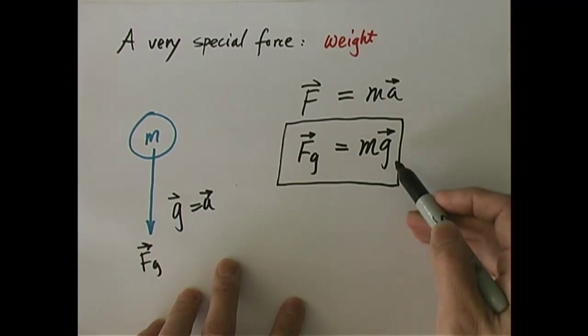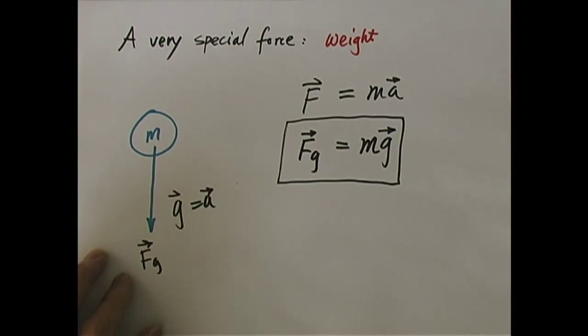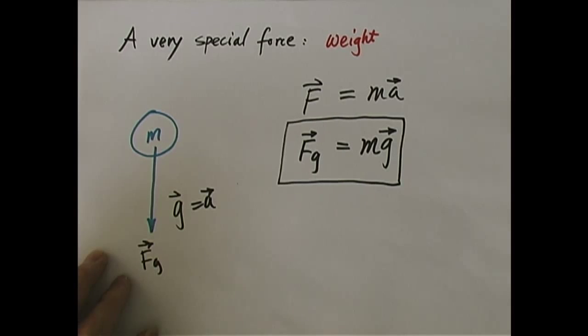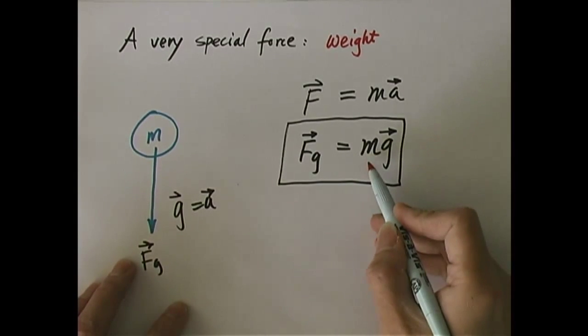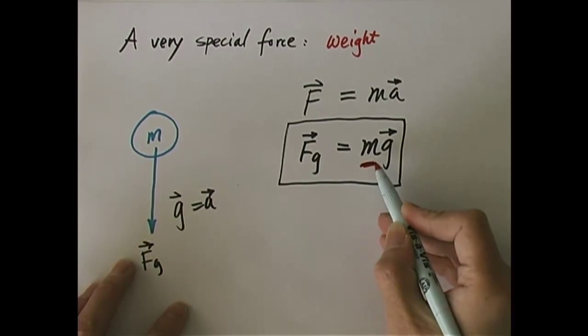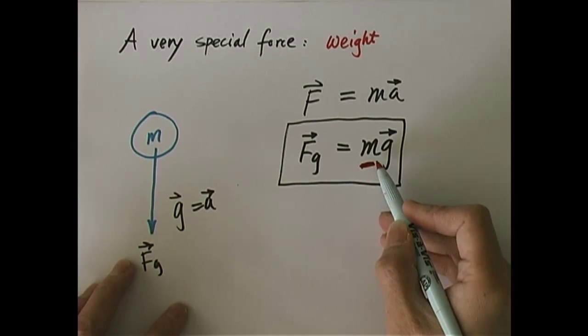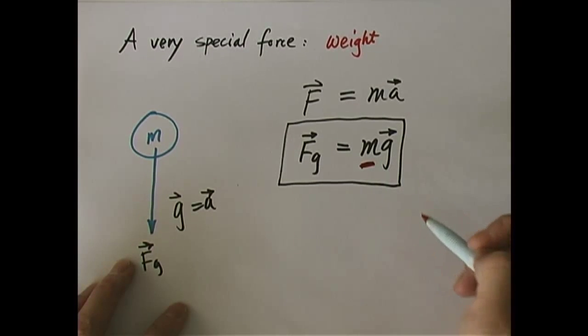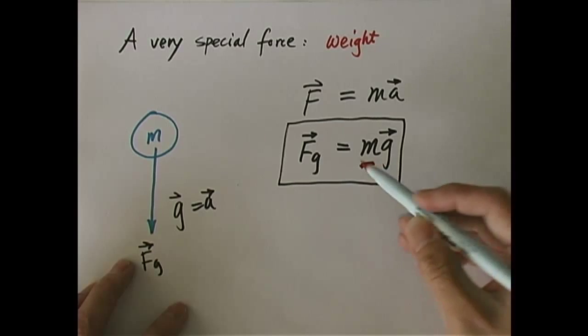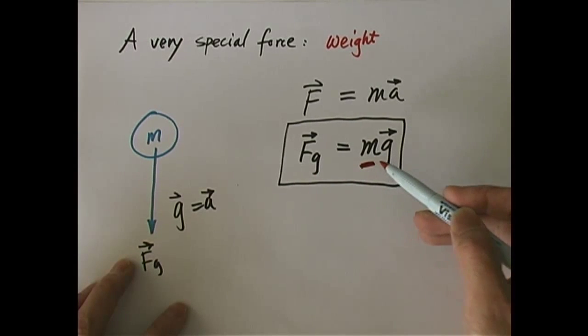And this is a unique force, by the way. Let's realize we're looking at a very special case. This is not just any force. This is a force that is always proportional to the mass. No other force is always automatically proportional to mass, but the gravitational force, or the weight, is.